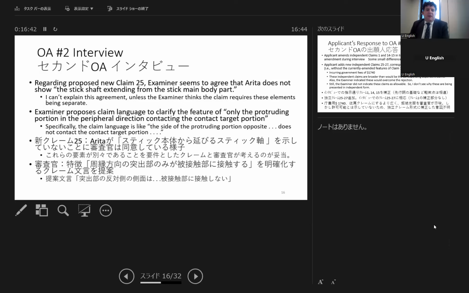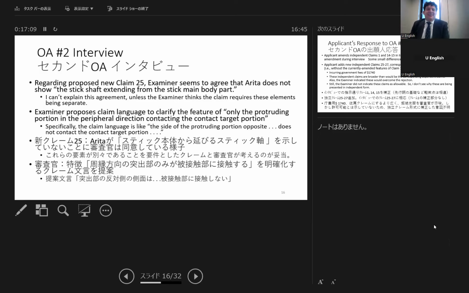But for now, I can tell you that I can't explain why. This is pretty clearly in the reference, from my point of view. The only thing I can think of is that the examiner believes that this proposed claim requires these elements to be separate. The claim doesn't say they're separate. I don't get it.